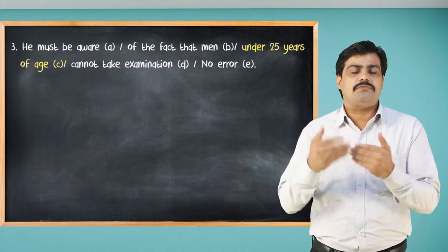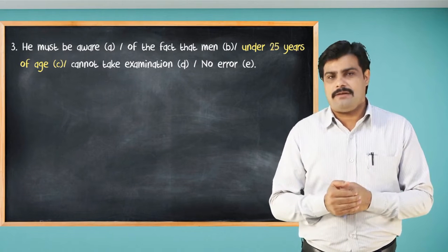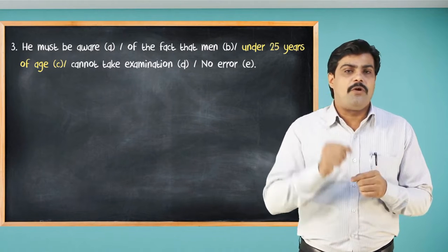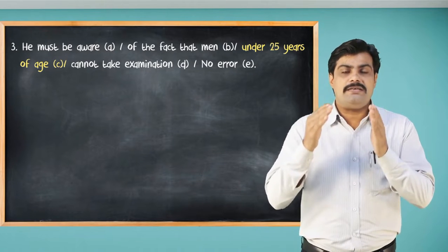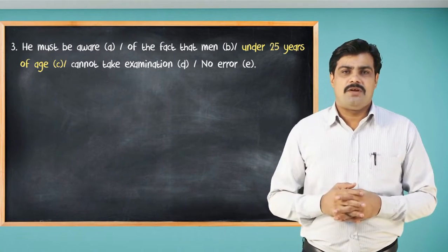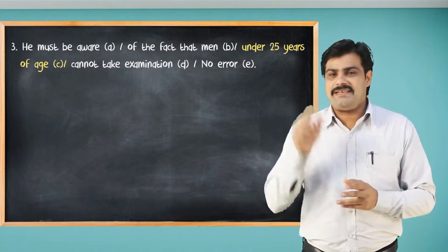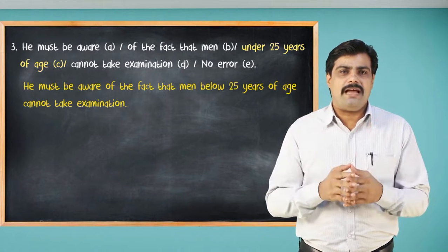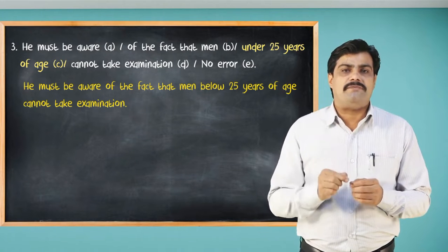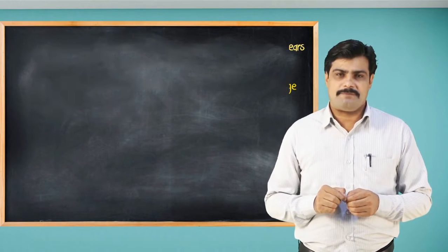Under is used for vertical relations and nearness, while preposition below is used for level, rank, standards, etc. So use below in place of under and say the sentence, he must be aware of the fact that men below 25 years of age cannot take examination.